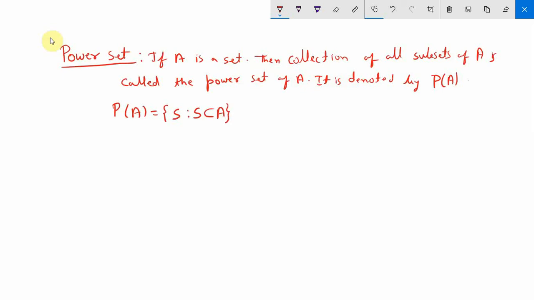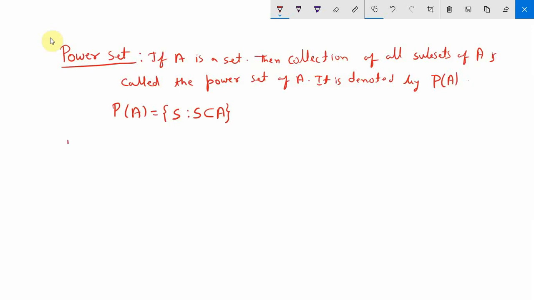So all the subsets of A will be contained in P(A). Since the empty set and the set A itself are subsets of A, therefore they are elements of P(A). So the power set of a given set is always non-empty.